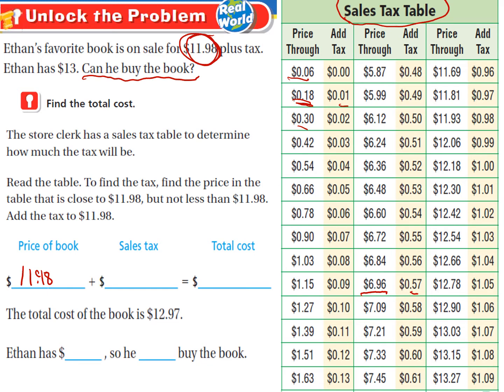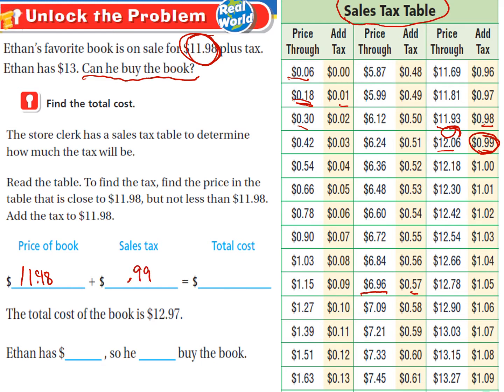And if I find 11.93, up to 11.93, he pays 98 cents. Up to 12.06, he pays 99 cents. So he's in between here, so he pays the 99-cent sales tax, because 11.98 is in between 11.93 and 12.06. So he pays a total of 99 cents in tax.